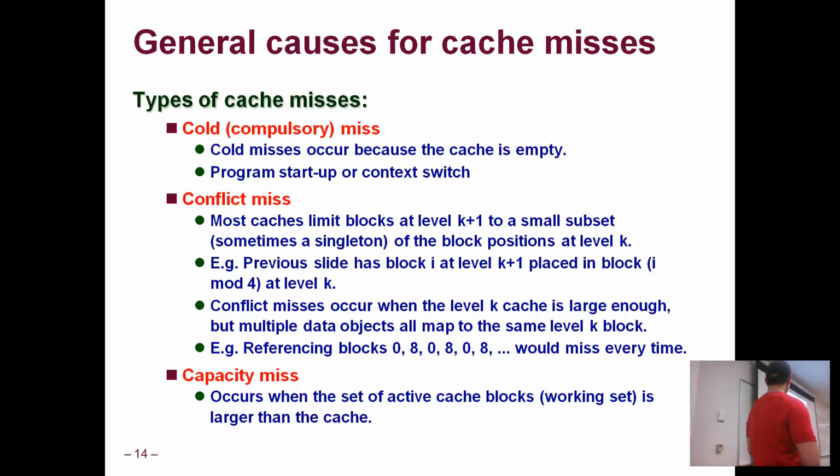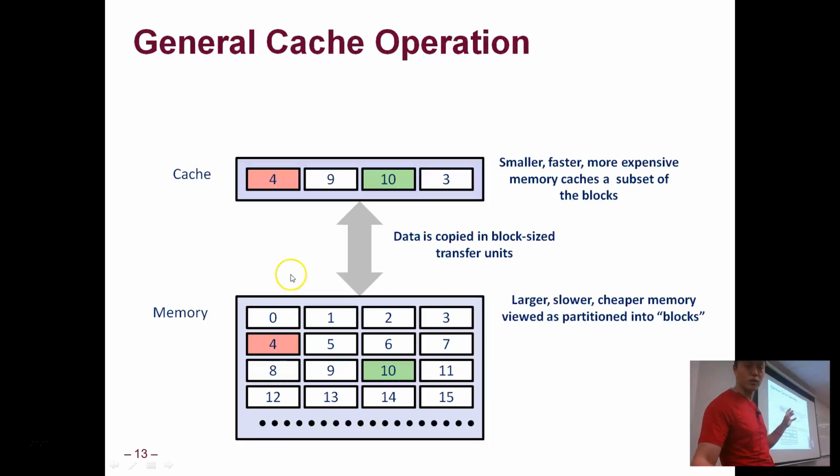Okay. Another kind of miss is a conflict miss. So most caches will limit where a block can be placed to specific locations. In the previous slide, I didn't tell you this, but it shows that a block at level k plus 1 is placed in block i mod 4 at level k. And I'm going to show you this.